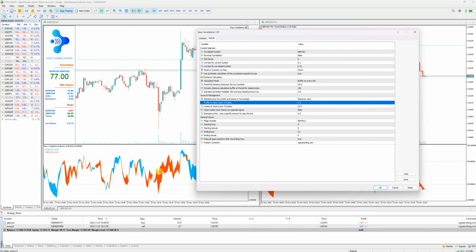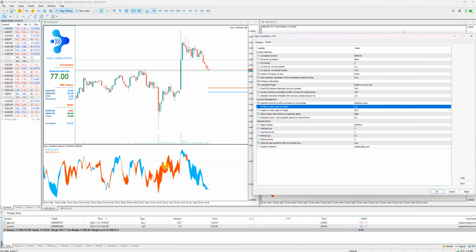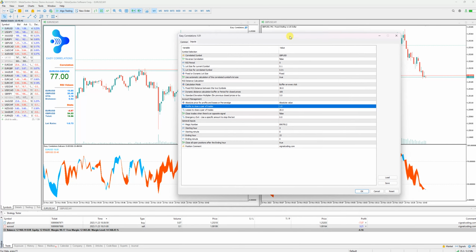So if the red that you can see here turns to blue, here is a very good distance. So we can enter the market here, but we will exit the market here, hopefully with some profits.